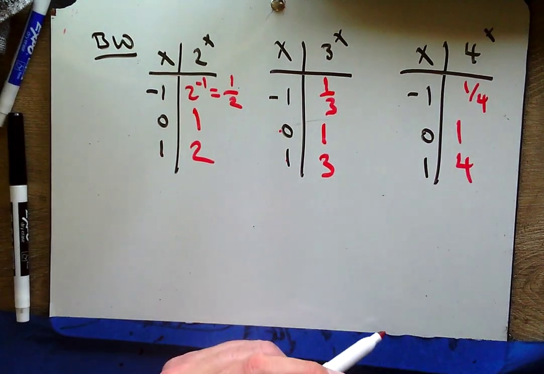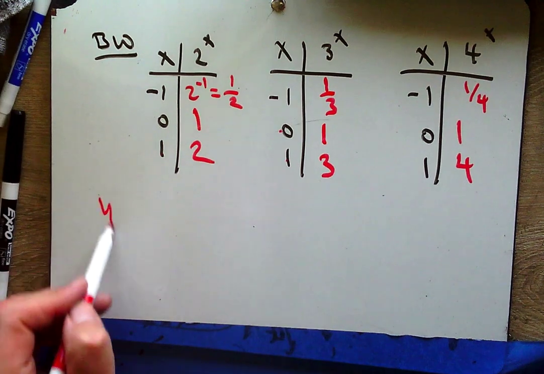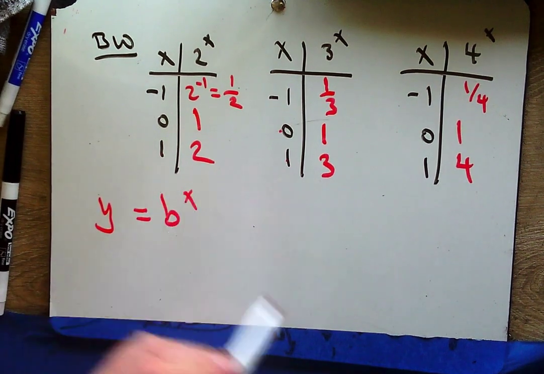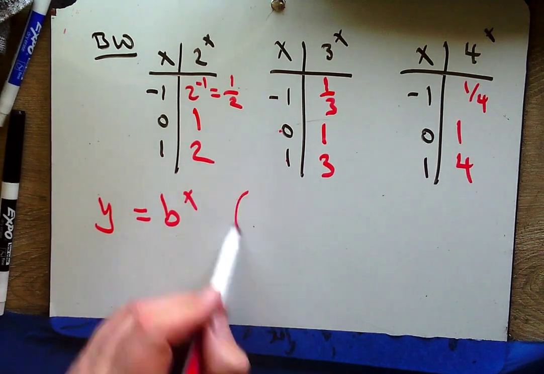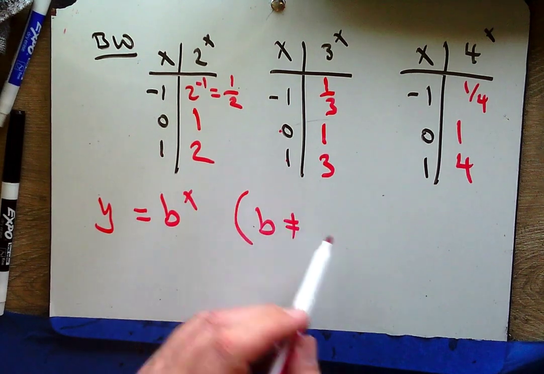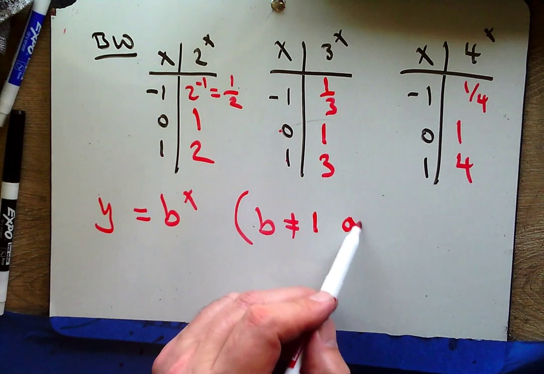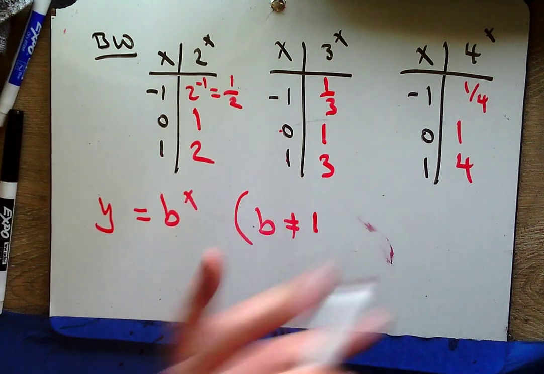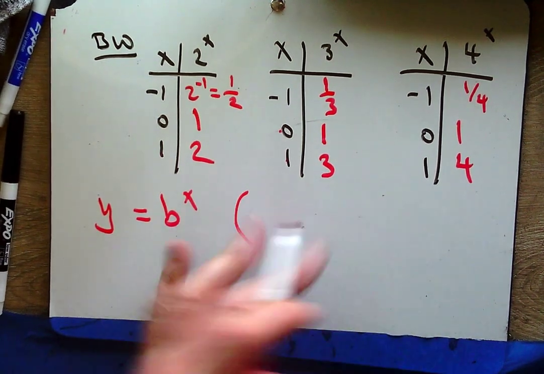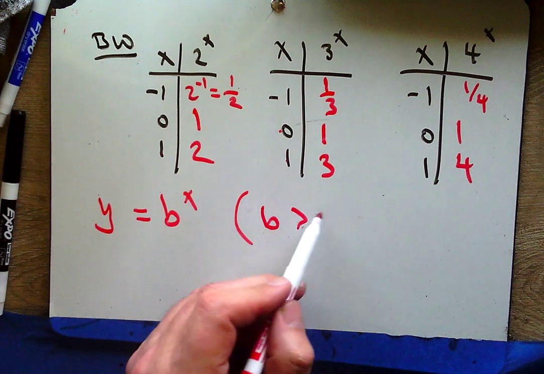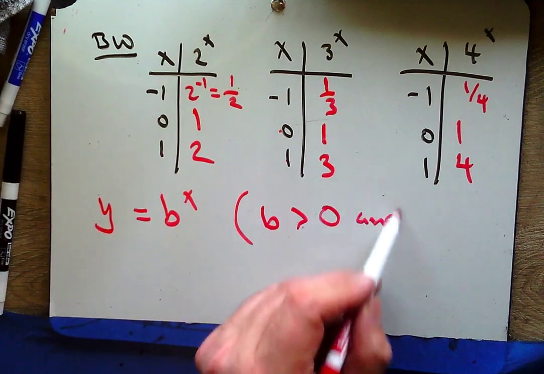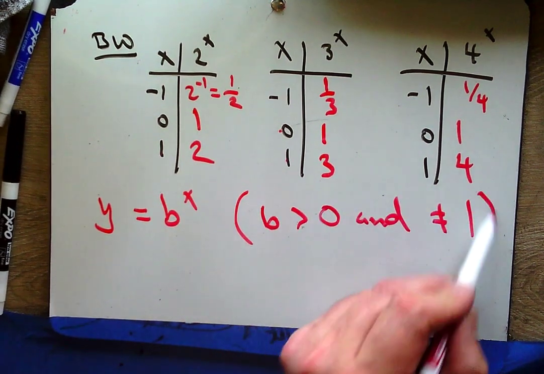Now, why did I want to do this? Well, I'd like to discuss this general case where b does not equal 1. I actually want to say where b is greater than 0 and not equal to 1.